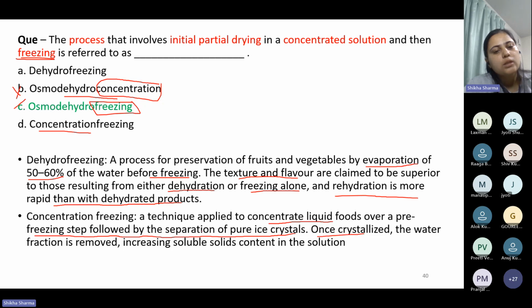Once crystallized, the water fraction is removed, and the total soluble solid content will be higher in the solution. So we are just freezing the water into ice, and the ice is being removed. So we get a concentrated product. It is known as concentration freezing.